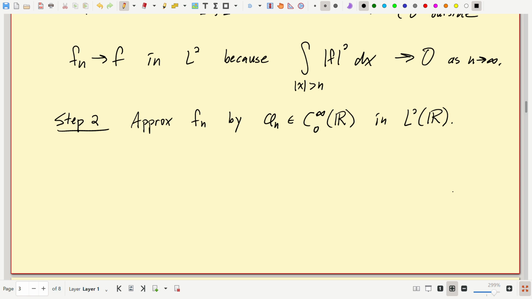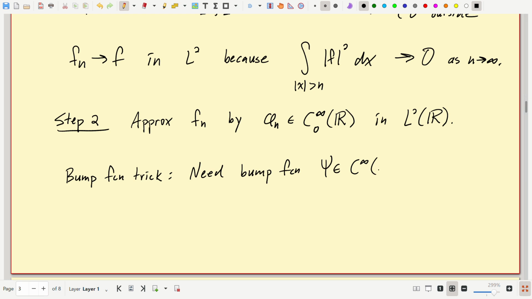Okay, how would you do this? Well, I gave you a hint before. If you remember, I cooked up a compactly supported bump function. So it's the bump function trick. I need a bump function, I'll call it psi. I want it to be infinitely smooth on R with support in minus 1, 1.